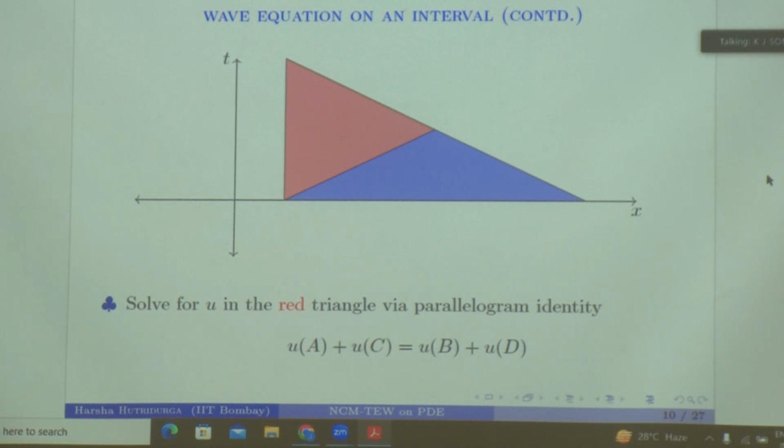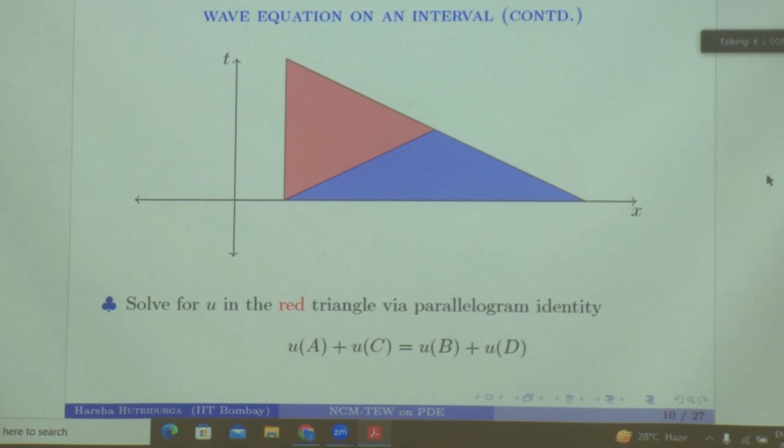Whenever it hits the boundaries, I stop. And here I draw again a line of slope minus 1, it hits here. And this is a line of slope 1 again. So this blue patch is a characteristic parallelogram now. It satisfies the condition that its sides are parallel to lines of slope 1 and minus 1.